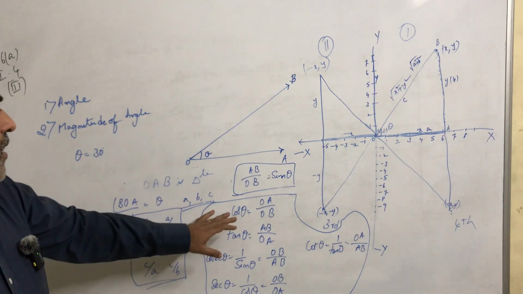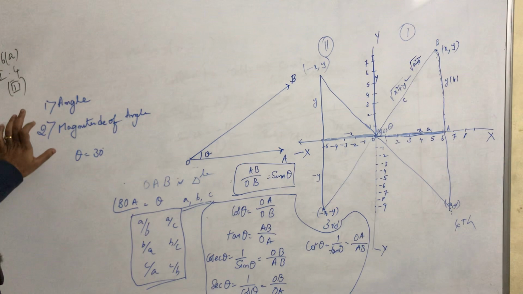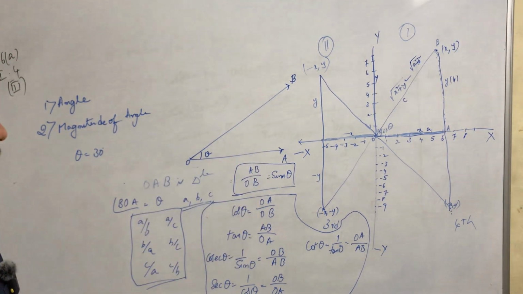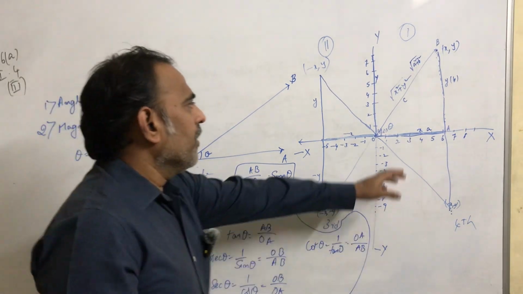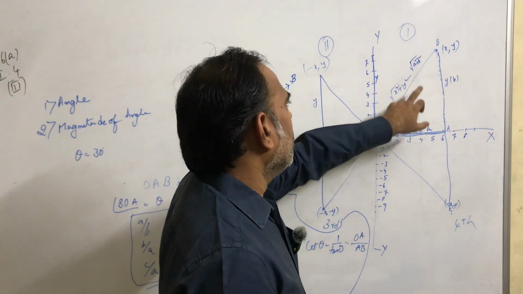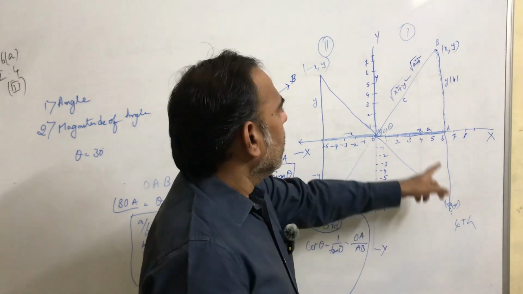Okay, again I will explain what is the angle and magnitude of the angle and coordinate systems that you already know, right? From the coordinate system, this is the coordinate system, right? This is first quadrant, this is second quadrant, and this is third, and this is fourth.